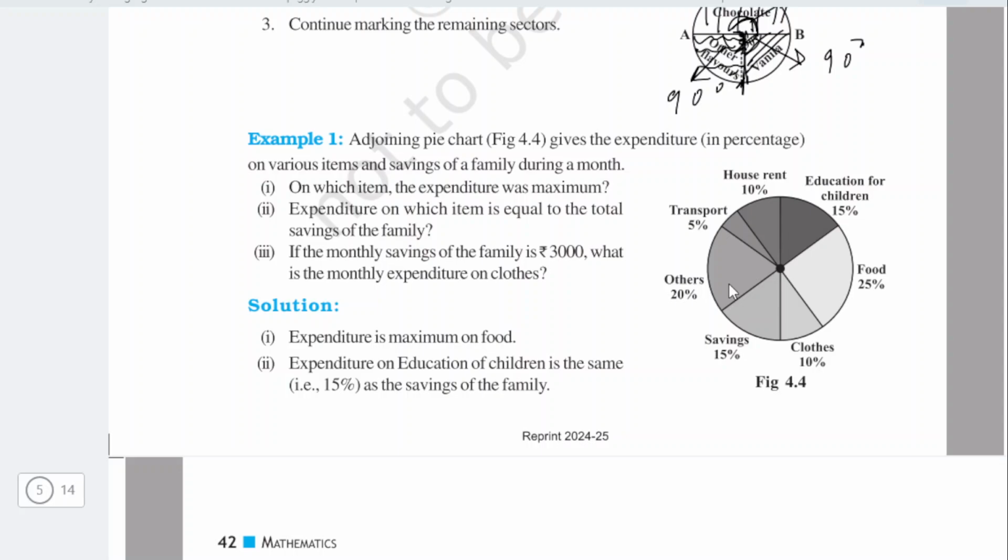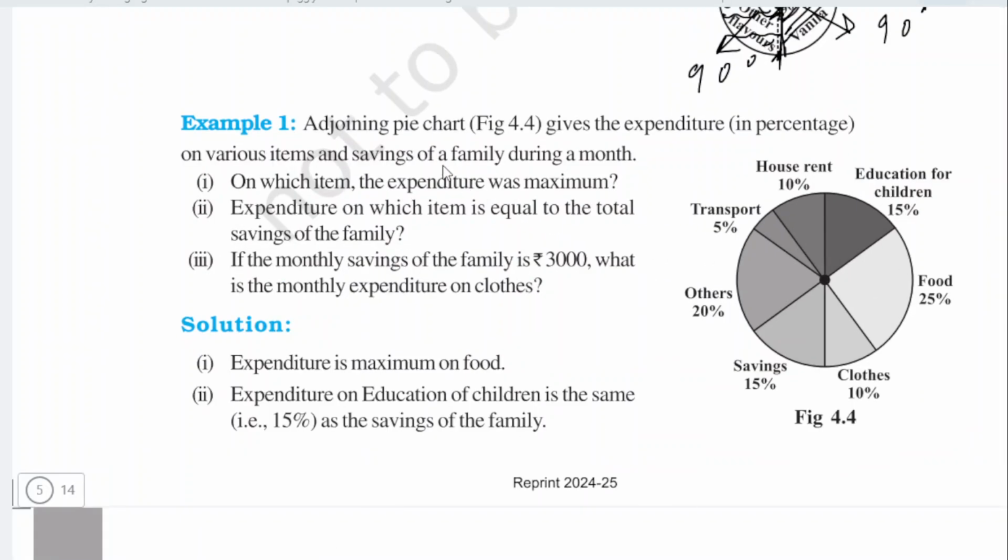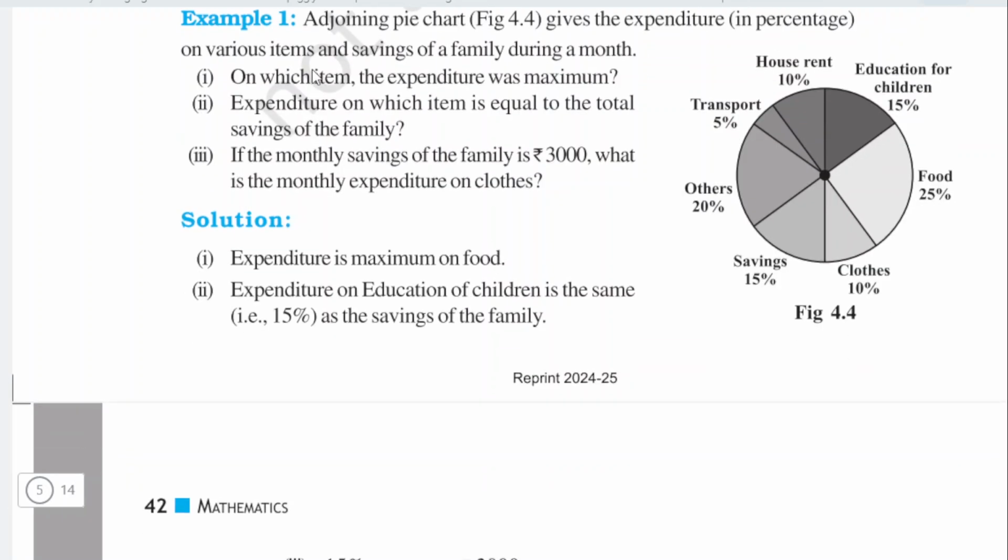Our next example. In the adjoining pie chart, figure 4.4, the expenditure. This pie chart represents expenditure in percentage.